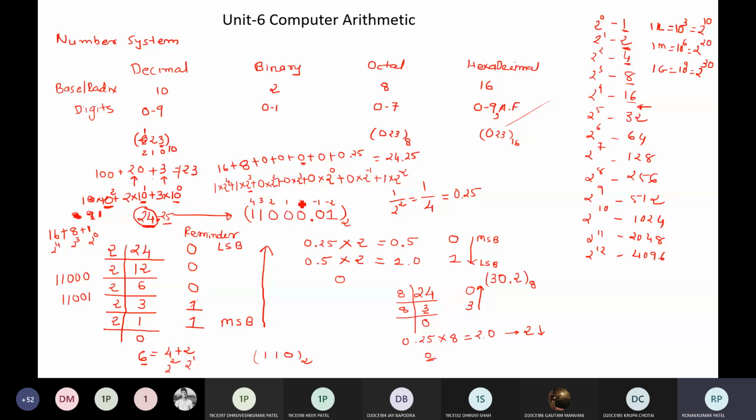This is the weighted number system, so each position has some value. If it's 1 here, then it will add 1 in your number. If this is 1, then this will add 2. If this is 1, then this will add 4. If this is 1, then this will add 8. So this is the weighted system.